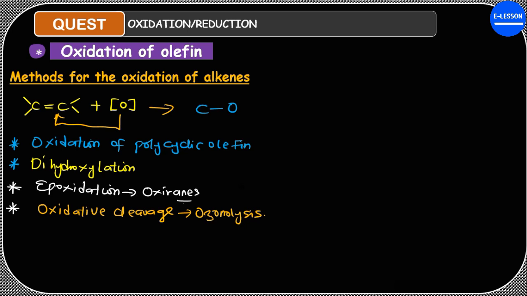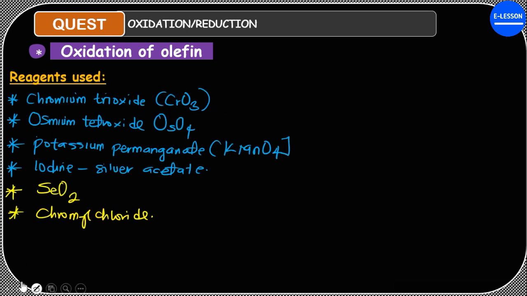So if you are asked what are some of the reagents that can be used to oxidize alkene, you say osmium tetraoxide, chromium trioxide, potassium permanganate, iodine silver acetate, selenium oxide, chromium chloride. Each of these oxidizing reagents gives different products upon oxidation of alkene.